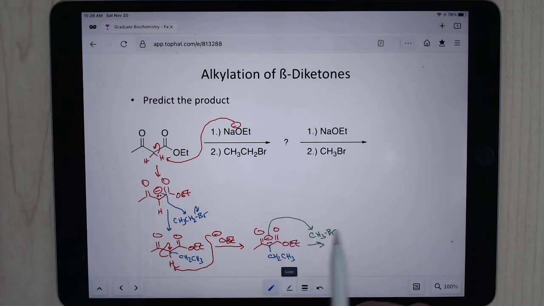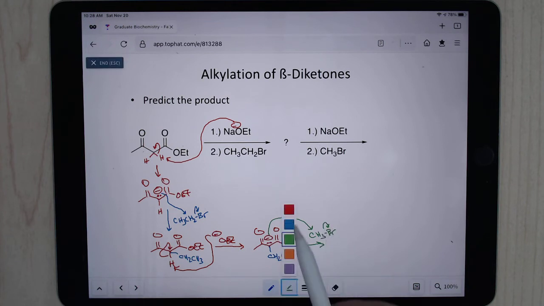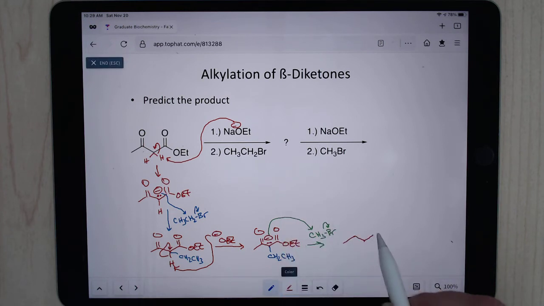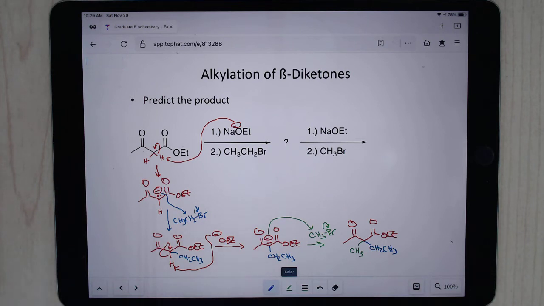So now that's going to come and displace that, and you would end up with this product. No problem. So this is what you would end up with. So you're replacing these two acidic hydrogens with new carbon groups.